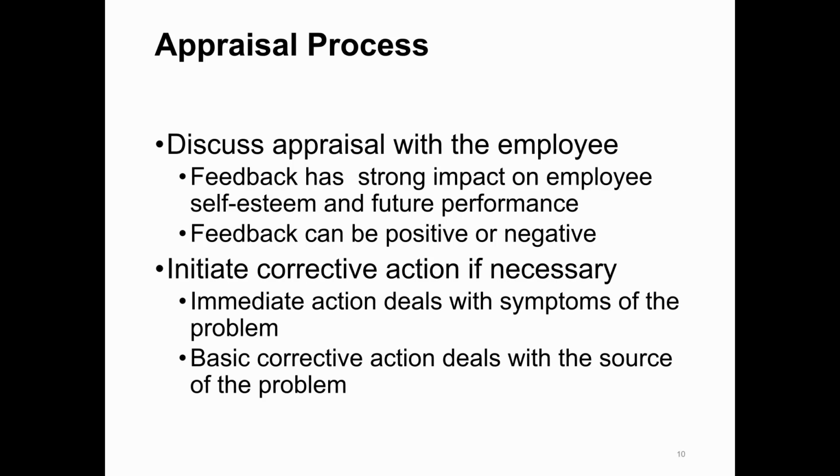Also, the feedback can be positive or negative. For example, it is said that employees should be given a sandwich type of feedback. What does sandwich feedback mean? In the first phase, the employees are told about their strengths.